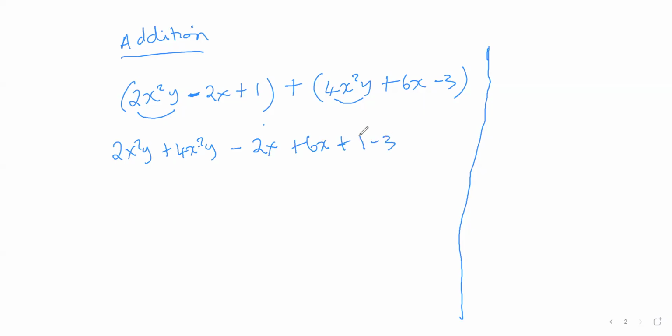Okay, now every time you are adding terms in expressions, you must maintain their signs. Every term is read together with its sign. For instance, negative 2x is read as negative 2x and not just 2x.